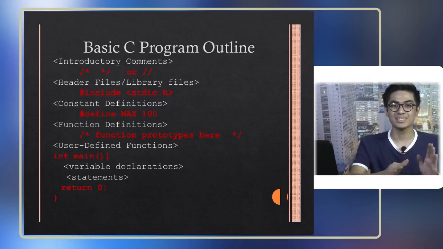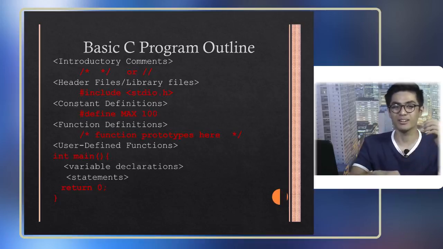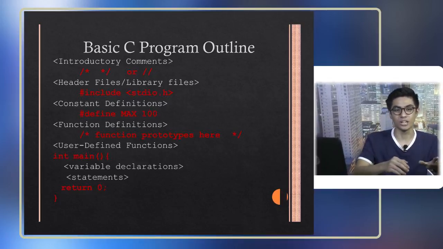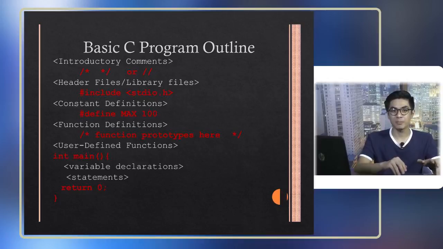Since we're just starting to learn programming, we should not bother using functions yet. We should use the main function first when writing our program. If you don't understand some things in our discussion today, don't worry. We will have in-depth topics of this in the next module.